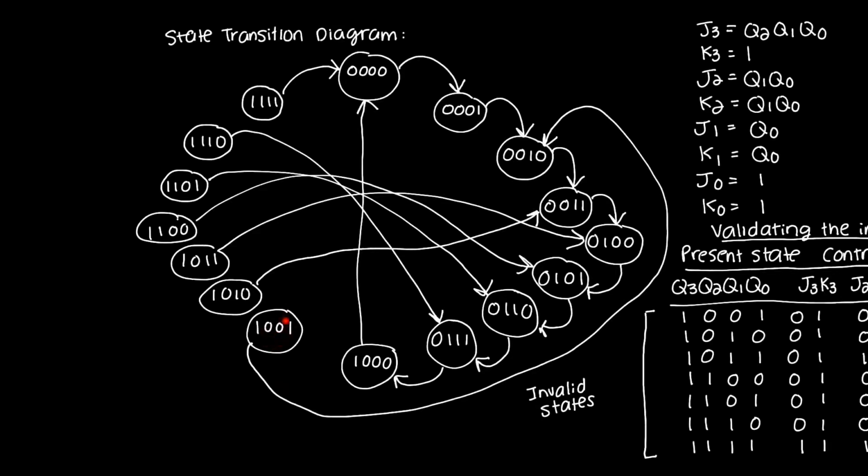If I power on the counter in state 9, I end up over here in state 2, in state 10. If I power on in state 10, my next state is going to be 3, and so forth. So I can see that at every step, if I power on one of these invalid states, I do somehow end up back in the valid counting sequence.